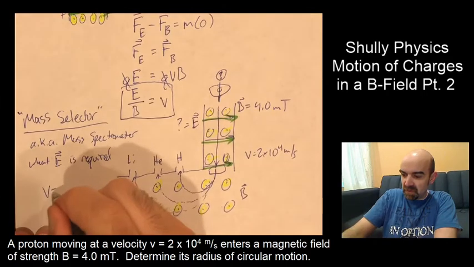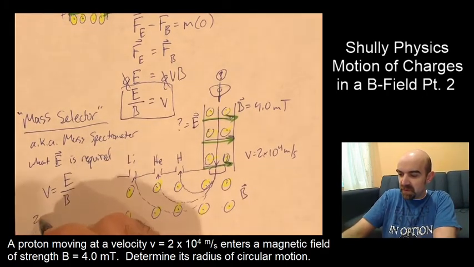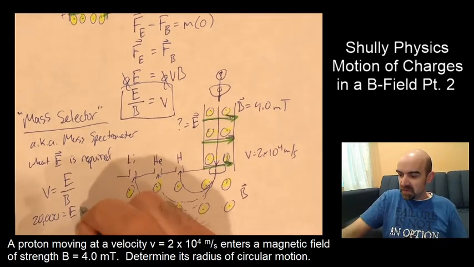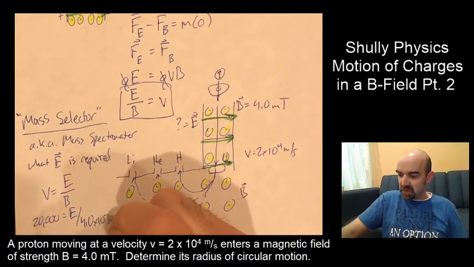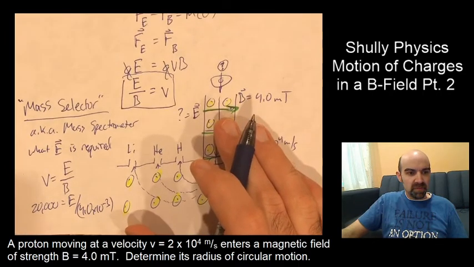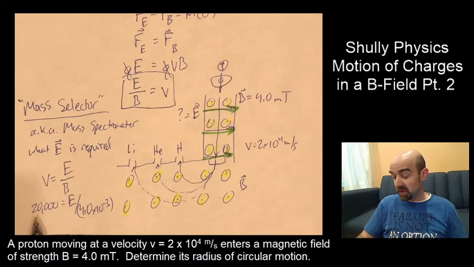V equals E over B. We want 20,000 as our velocity. Electric field over 4 times 10 to the negative 3. Okay, so all we got to do is multiply that. That's 4 times 10 to the negative 3 times 2 times 10 to the positive 4.